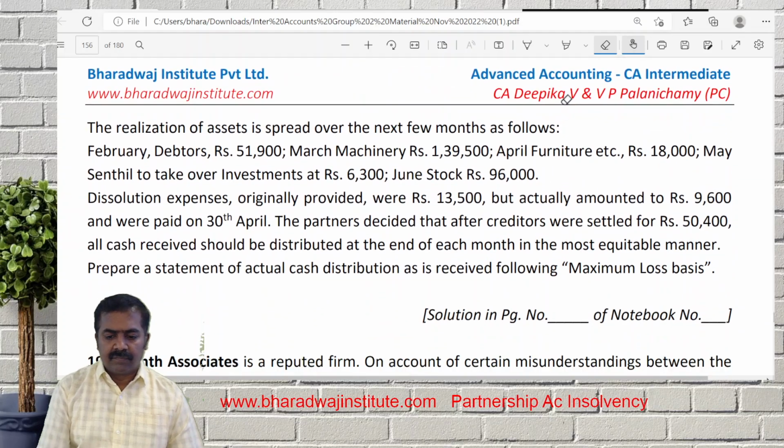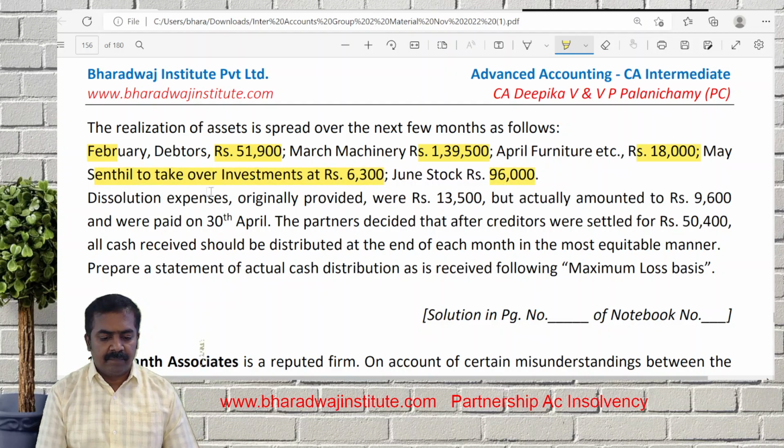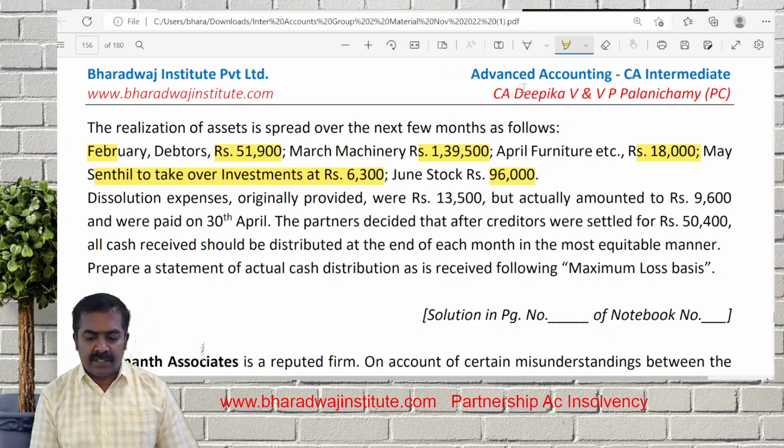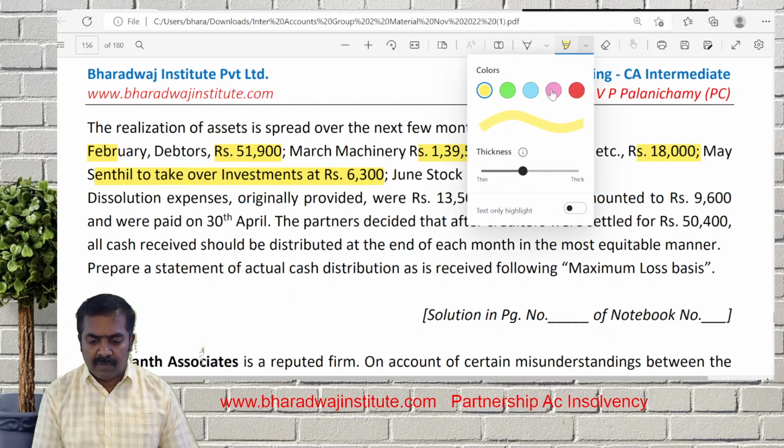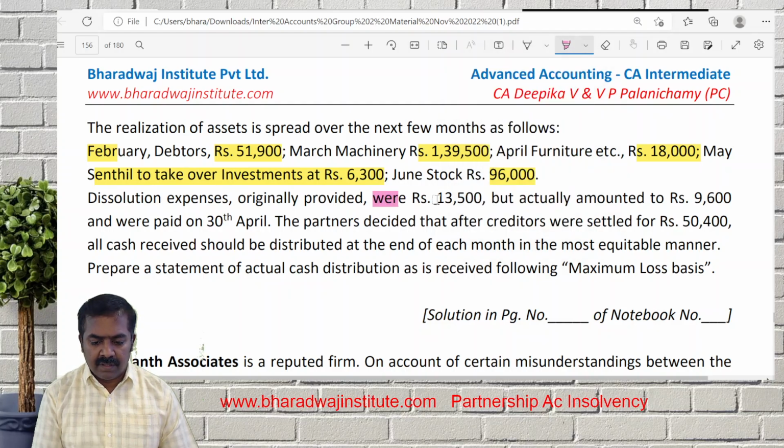Read further. Realization expenses. February debtors realized how much? 51,900. March machinery. April furniture. May Senthil took over investment. June stock realized. Dissolution expenses initially provided, how much was provided? 13,500.